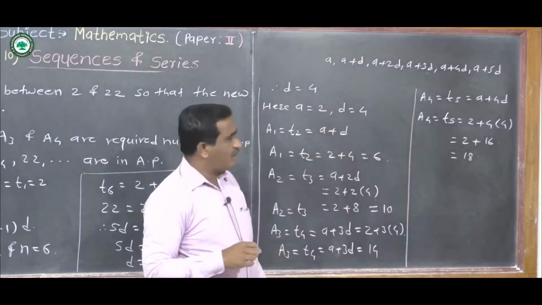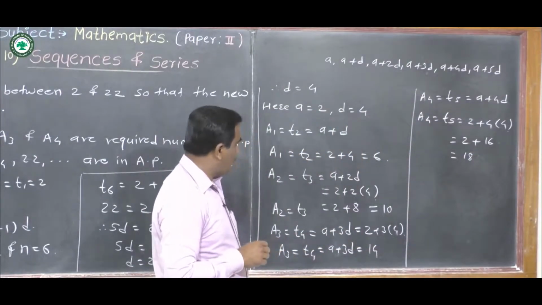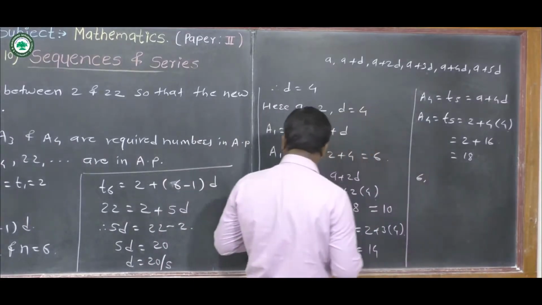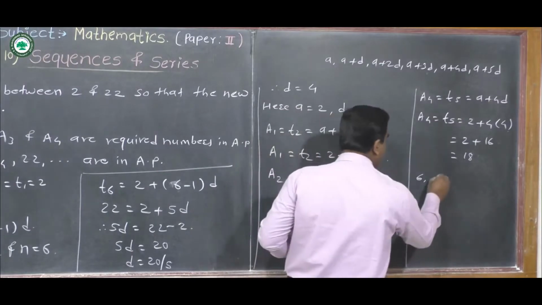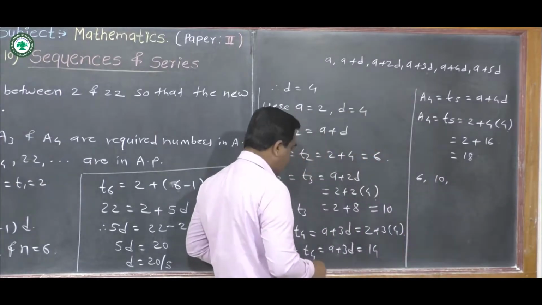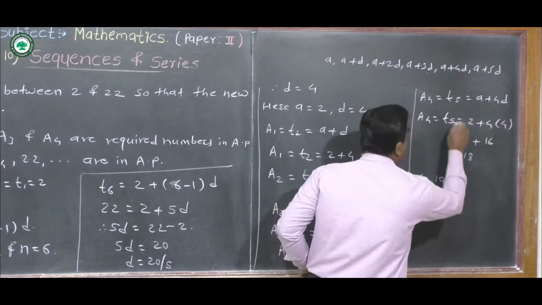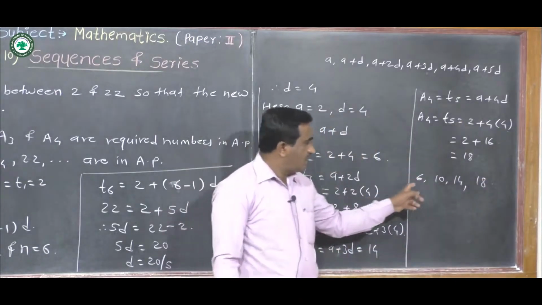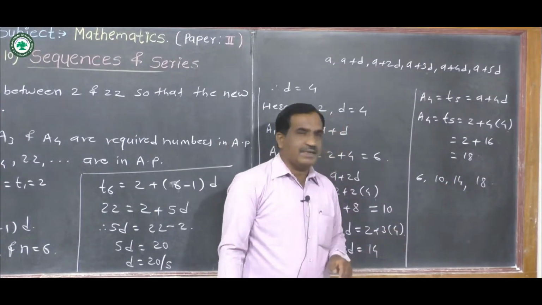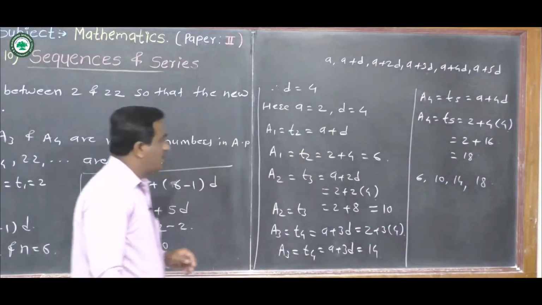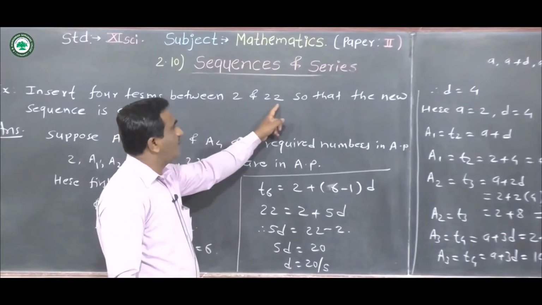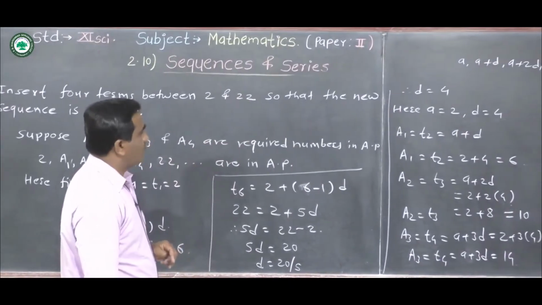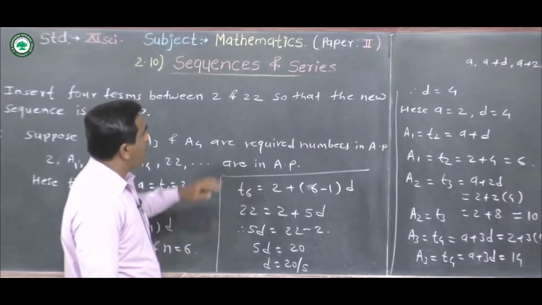Therefore the required numbers a1, a2, a3, a4 are: a1 is 6, a2 is 10, a3 is 14 and a4 is 18. These numbers 6, 10, 14 and 18 are inserted between the numbers 2 and 22, and then the resulting sequence is an arithmetic progression whose first term is 2.